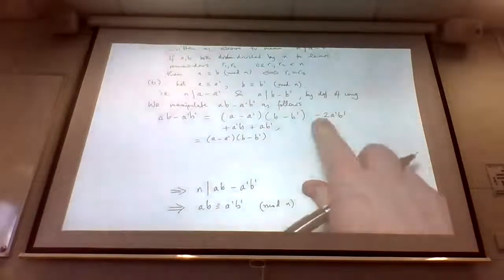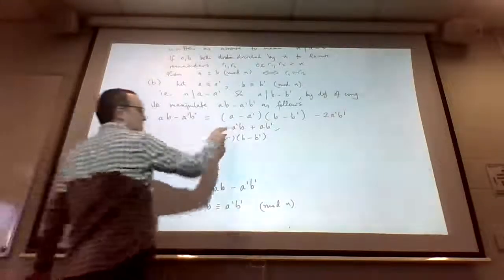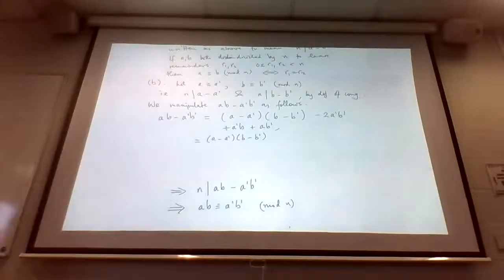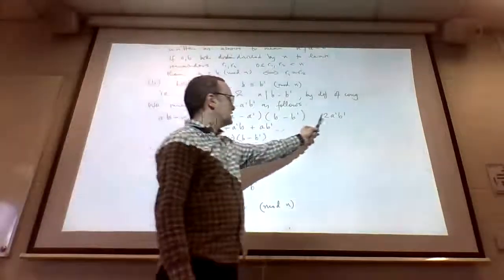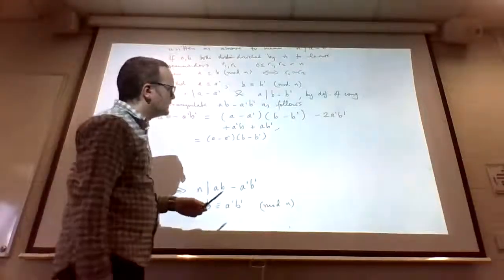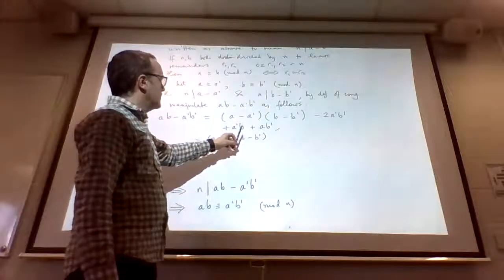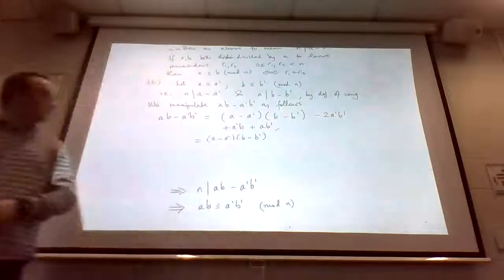Well, we take these minus 2 copies of A prime B prime and pair one with this and the other with this, and then you get your differences again. So when you pair it with this B here, I can take minus A prime B prime and this plus A prime B. So I've got an A prime into B minus B prime.